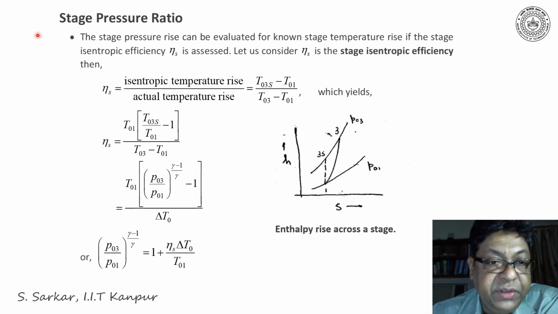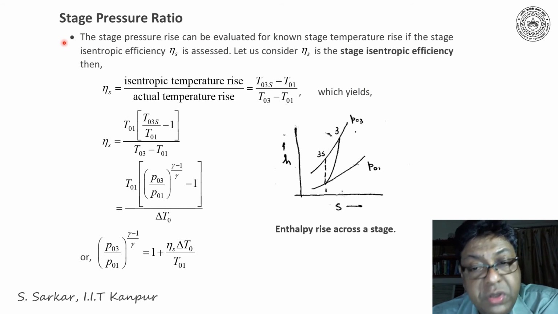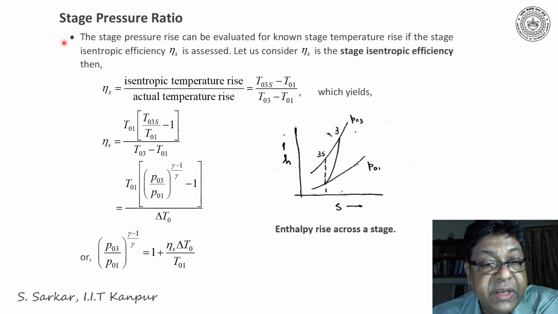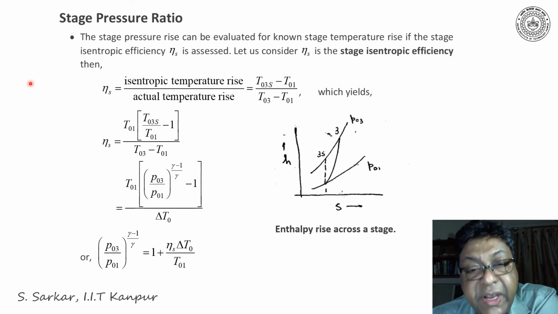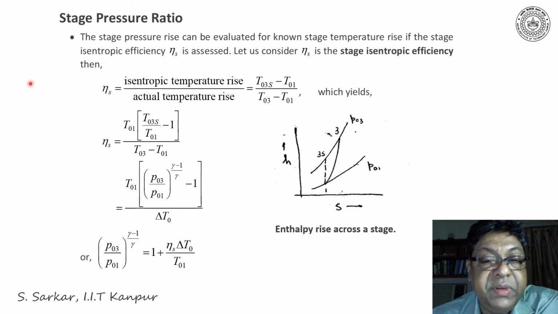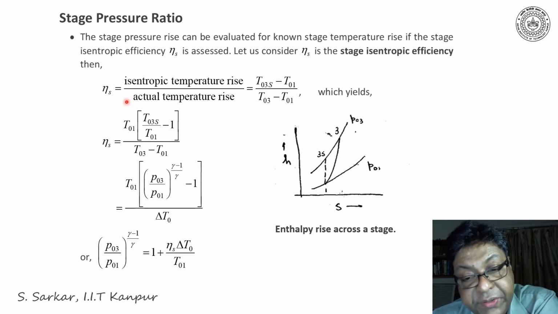I have derived here the expression of stage pressure ratio. Now the stage pressure rise can be evaluated from the known temperature rise if the isentropic efficiency of the stage, eta S, is assessed. Let us consider the stage isentropic efficiency be eta S, and then I can write eta S is equal to isentropic temperature rise divided by actual temperature rise.